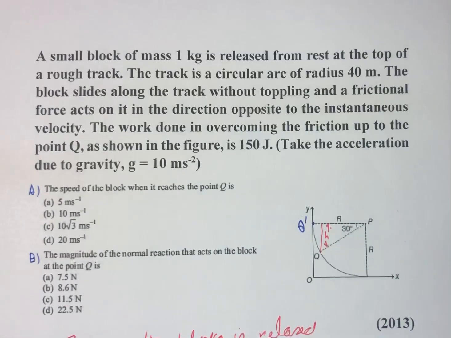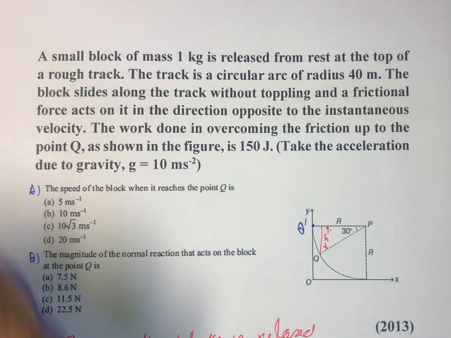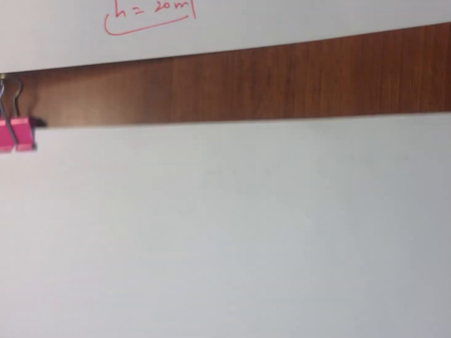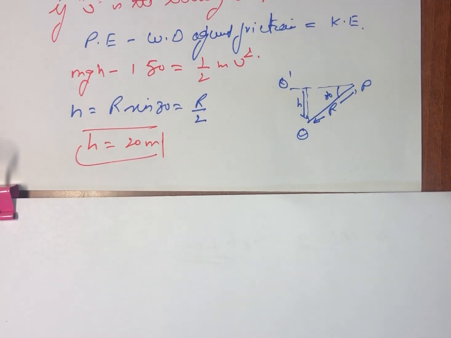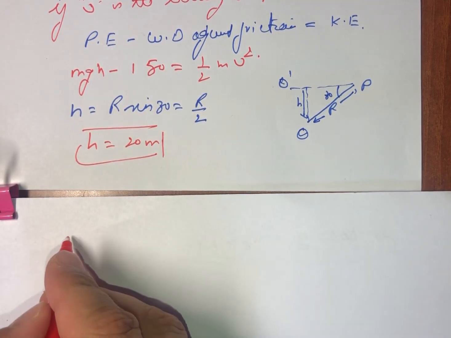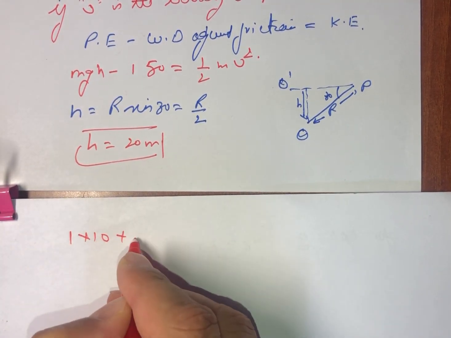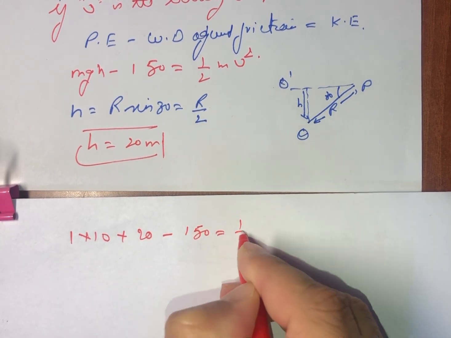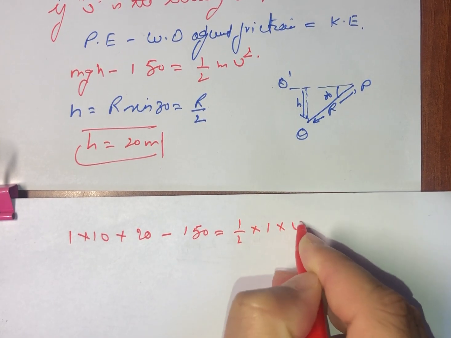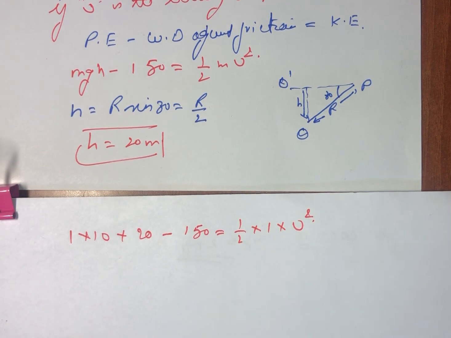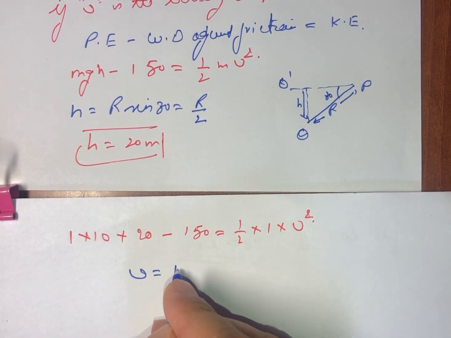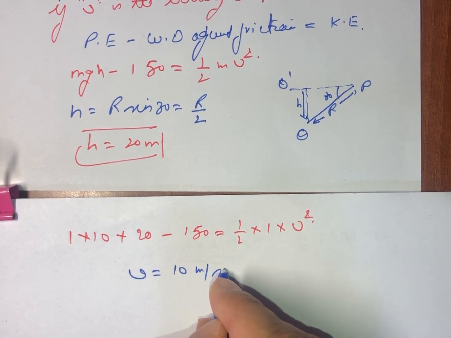Now we substitute the value of h, and we can calculate the value of the velocity. So mass is 1 kg, g is 10, h is 20, minus 150 is equal to half into 1 into v square, and if we solve it, we get v is equal to 10 meter per second.